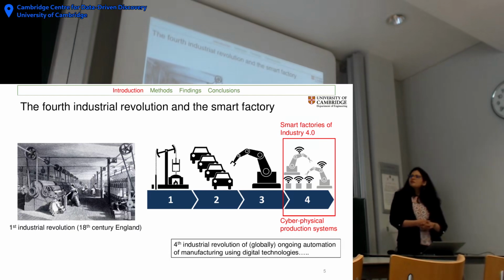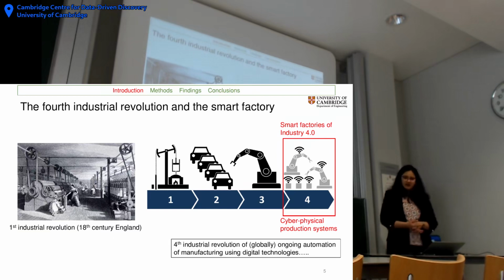I am presenting research that is very closely related to Industry 4.0, which is the concept of the fourth industrial revolution. The industrial revolution started right here in England in the 18th century, and on the left side of this pane, you can see a print showing a steam-powered cotton factory.